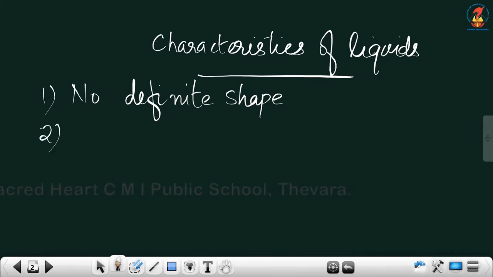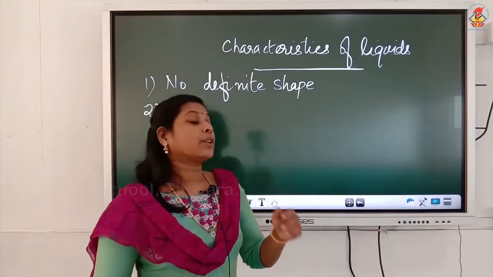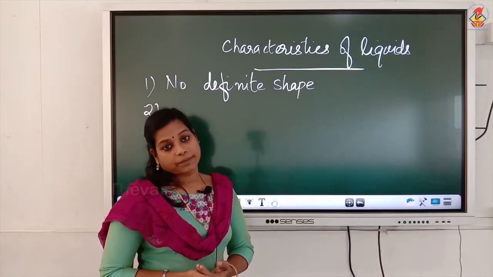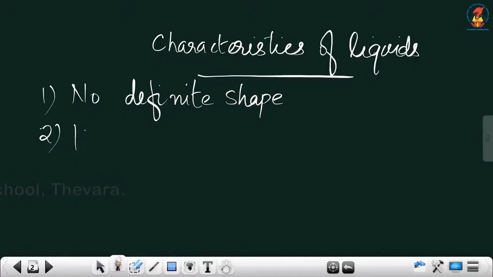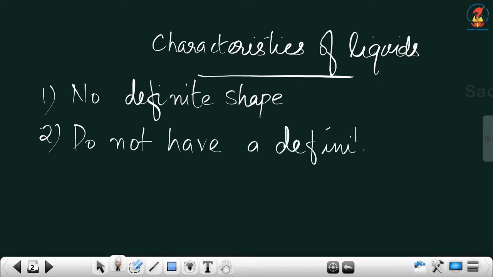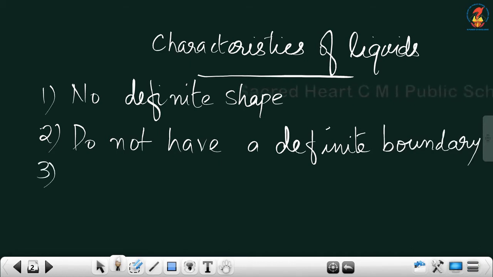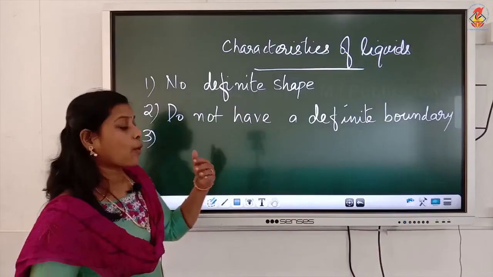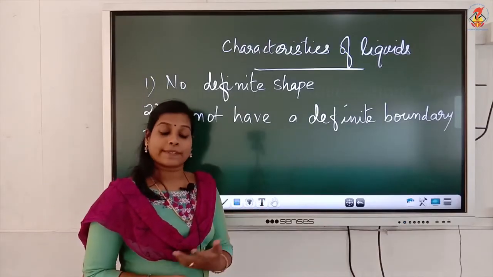Then what about the boundaries? Is there any boundary for them? They do not have a definite boundary. Then, if we consider volume, do they possess volume?